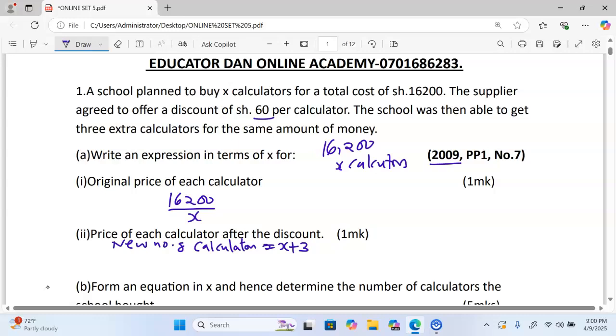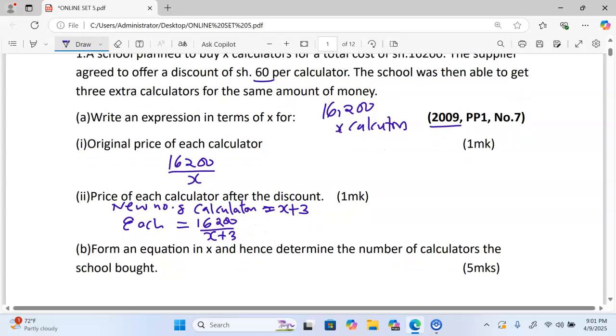Meaning now, if we have 3 extra calculators for the same amount, each calculator will now cost 16,200 divided by the new number of calculators, which is X plus 3. From there we can move to part B.